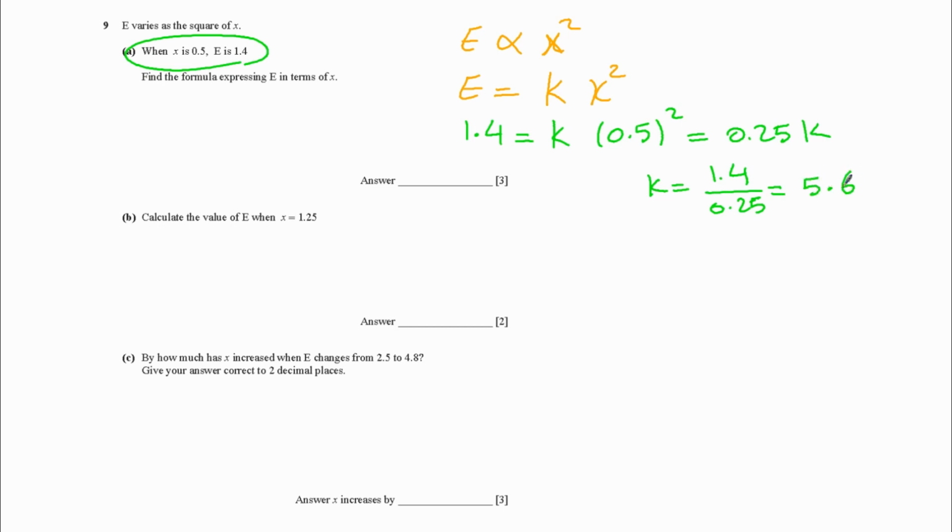So the formula that expresses E in terms of x becomes, that is the important part, now that we have found k, E equals 5.6 x squared. So that is the formula expressing E in terms of x. I am replacing that 5.6 back into the formula here.